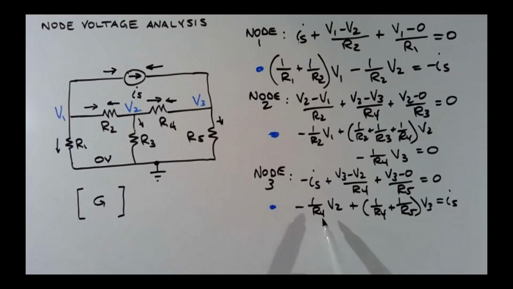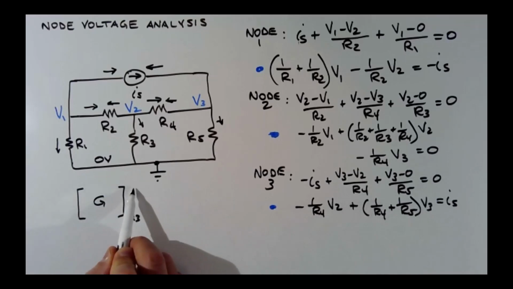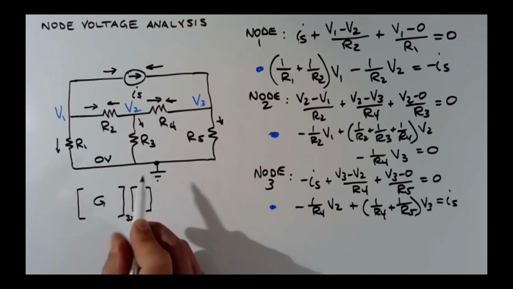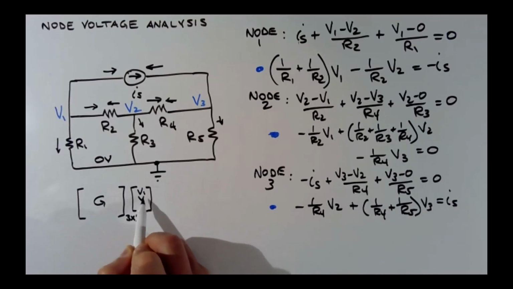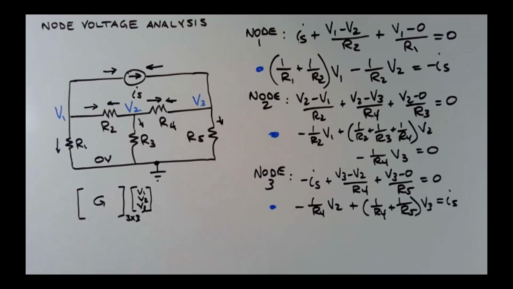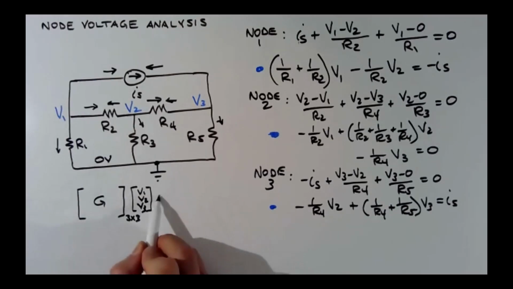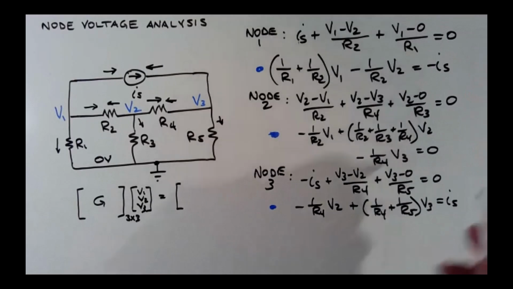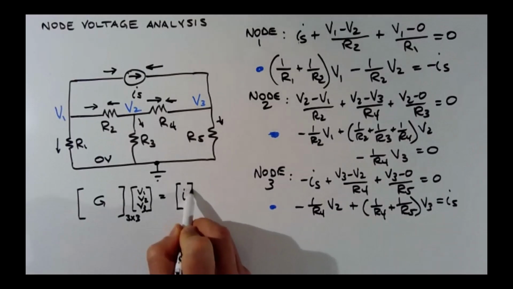Why is it the G matrix? Because the elements of this matrix are made up of reciprocals of resistances. So it's commonly called a G matrix. And then you have values that are voltages, V1, V2, V3, and that equals this right side matrix, which I'll just call I.